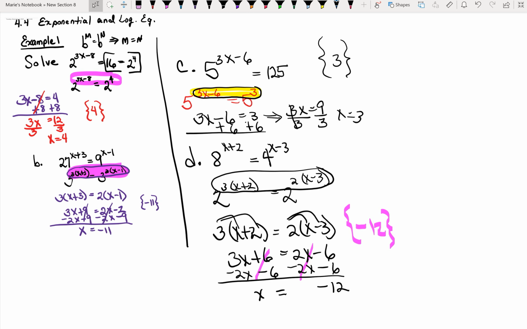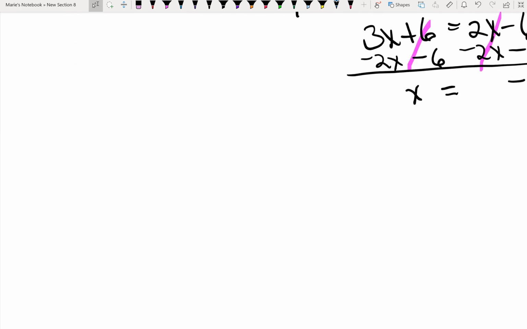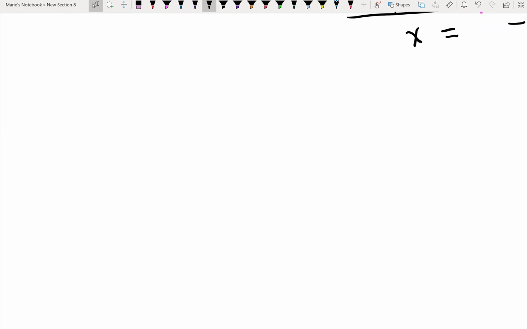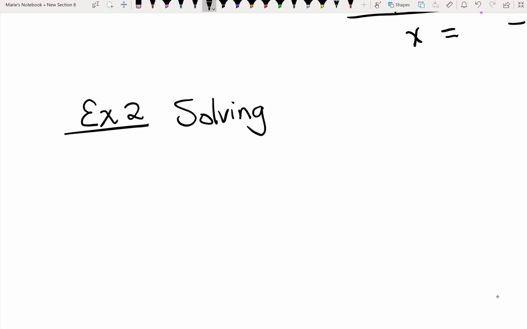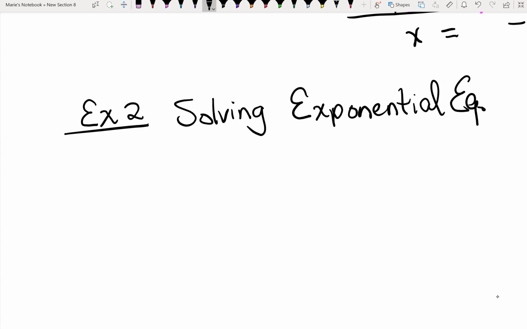All right, so now I'm going to move on to example 2. In example 2, we are solving exponential equations. What they give us here is 4 raised to the x is equal to 15.